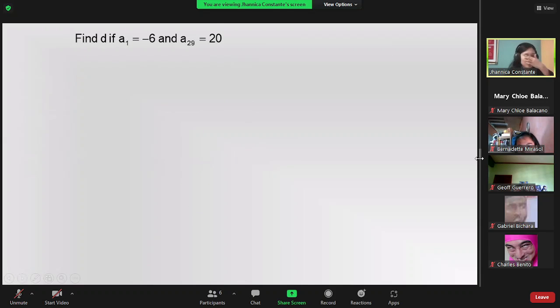So for example, we're going to solve for the common difference. Given that the first term of our arithmetic sequence is -6 and the 29th term is equal to 20. So what we're solving here is the common difference. So we're going to use the same formula that we have, which is an equals a sub 1 plus n minus 1 times d.